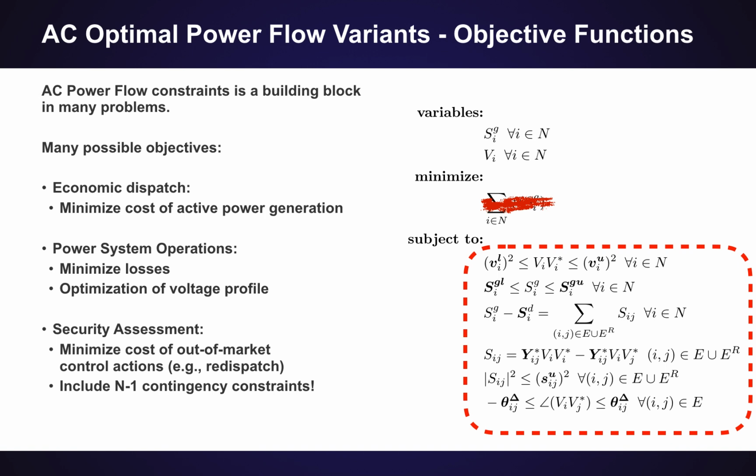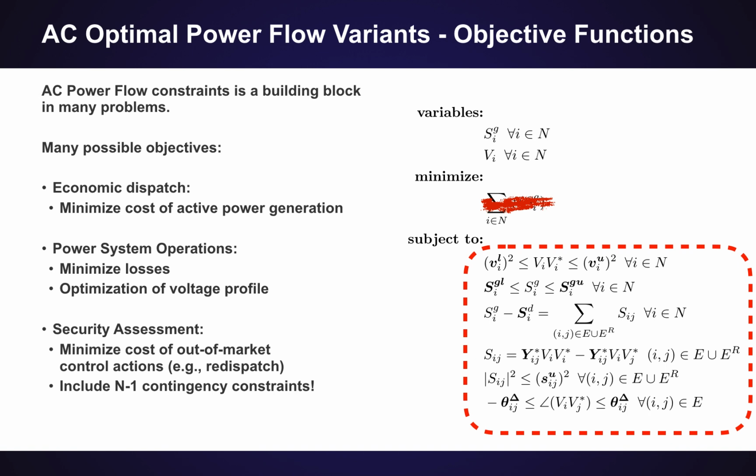Sometimes it is used more for security assessment or to make the power system more secure. One typical problem would be to minimize the cost of out-of-market control actions, such as generation redispatch, which might be required in order to satisfy the AC power flow constraints if we are given a certain market outcome which was not found taking those constraints into account.